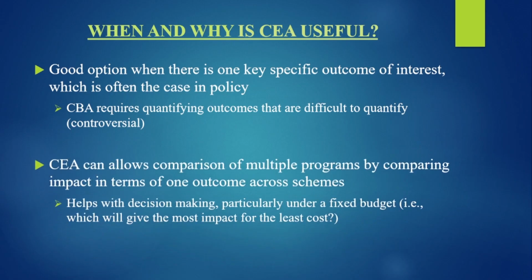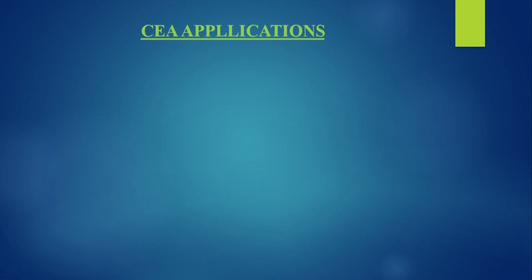After that, cost effectiveness analysis can allow comparisons of multiple programs by comparing impact in terms of one outcome across schemes. It helps with decision making, particularly under a fixed budget, that is, which will give the most impact for the least cost. Cost effectiveness analysis applications are vital in our society.